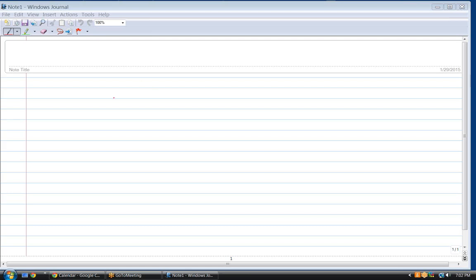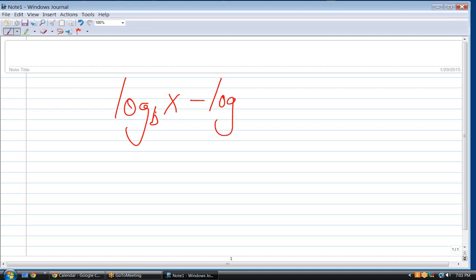Log base b of x minus log base b of y equals log base b of x over log base b of y. What was the right side of that equation?